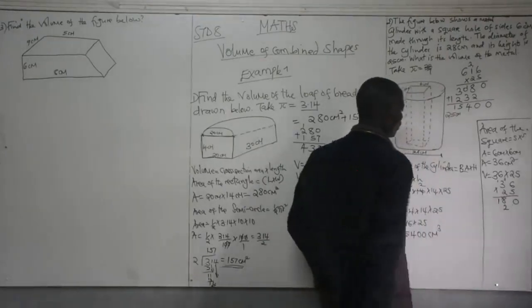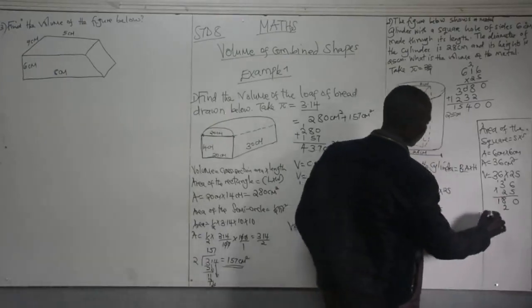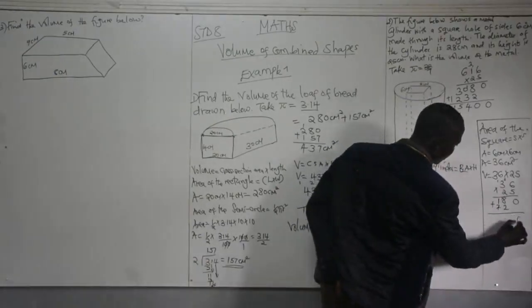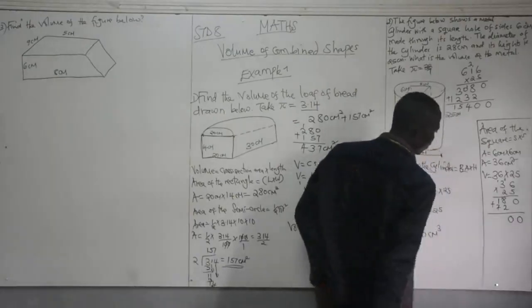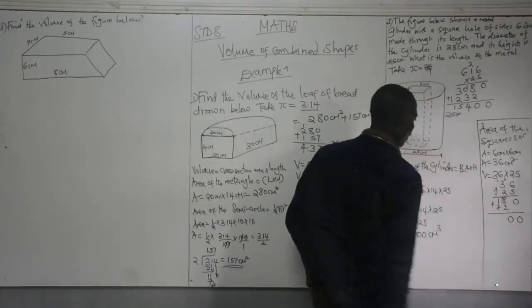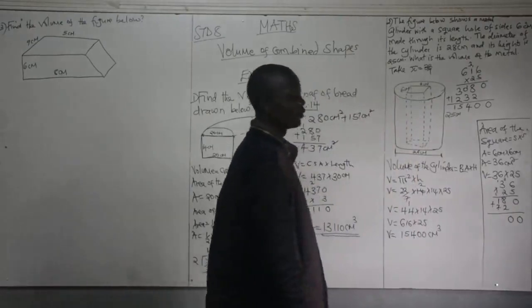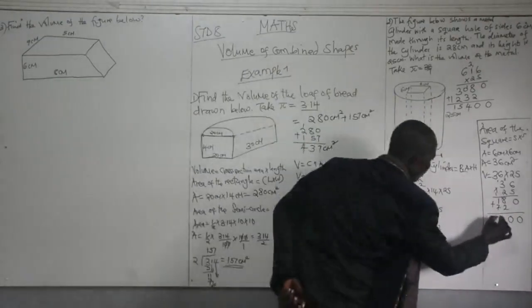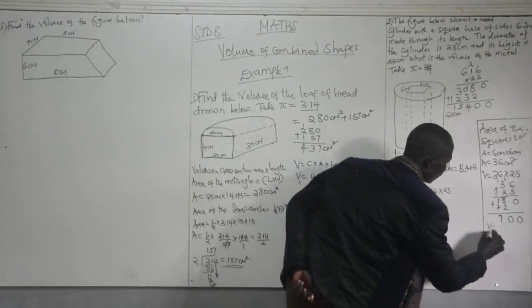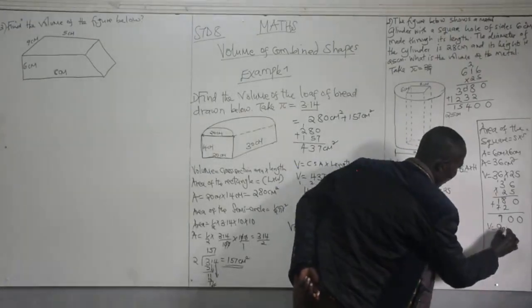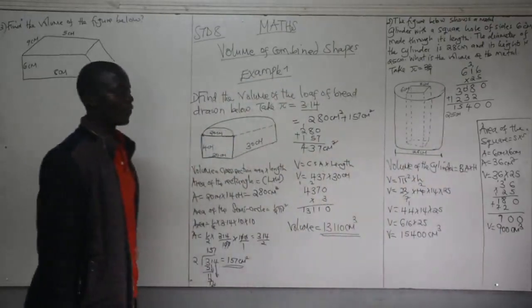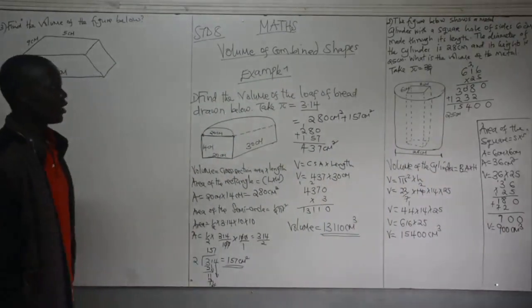And then 2 times 3 is 6 plus 1 is 7. So this is 72. Last step is addition. So this is 0. Again is 0. Carry 1. 1 plus 1 is 2. 2 plus 7 is 9. So this gives us the volume of 900 cubic centimeters.